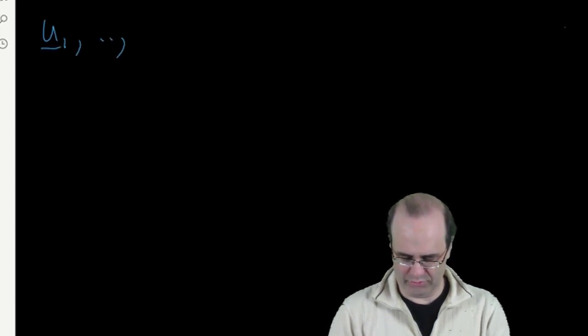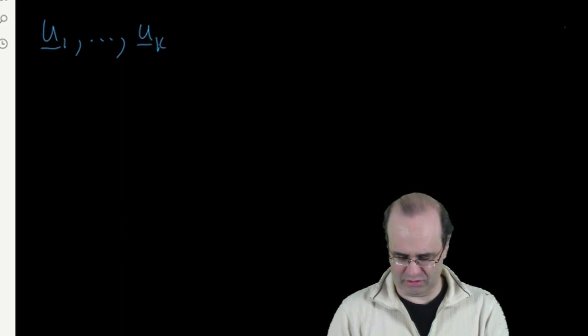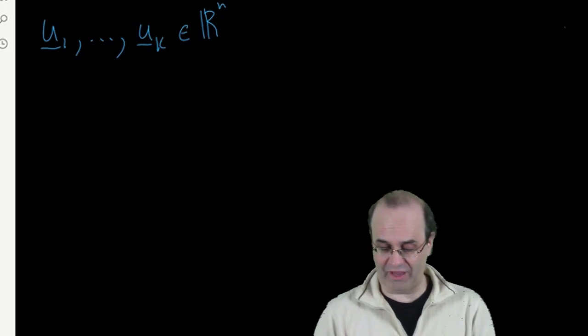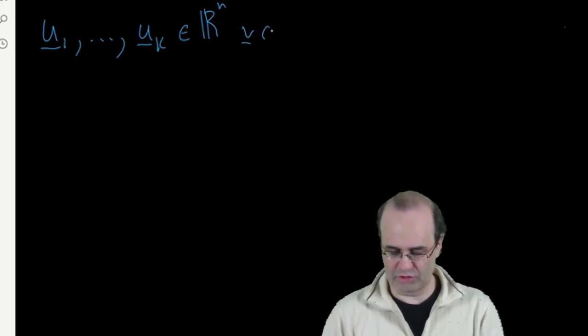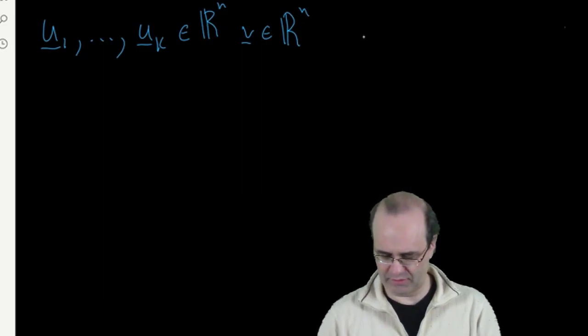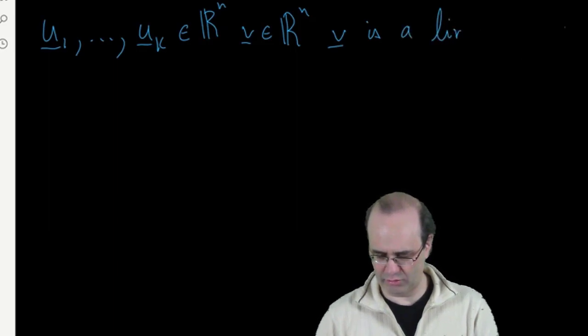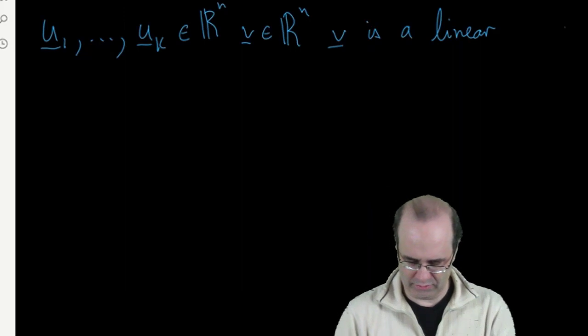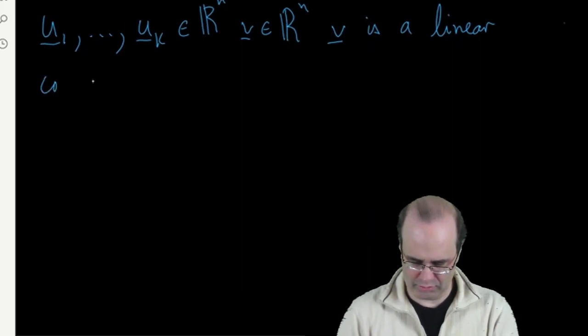So if we have k vectors u1 up to u sub k in Rn, and if we have another vector v, also in Rn, we say that v is a linear combination of those vectors.